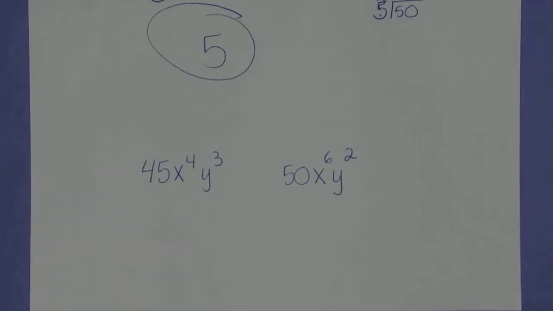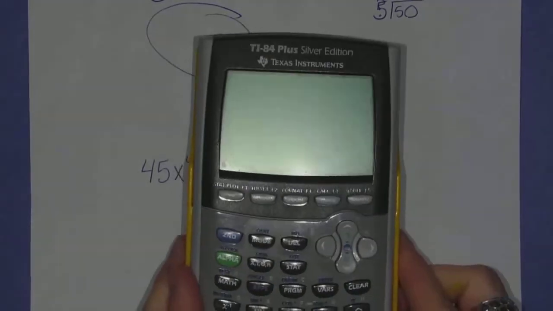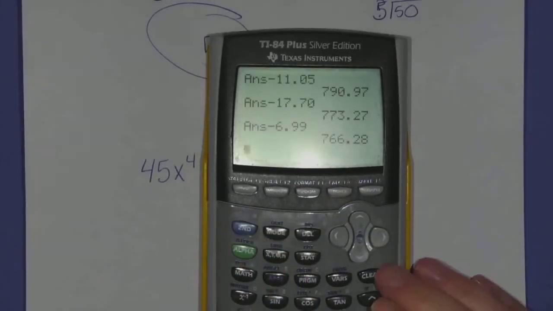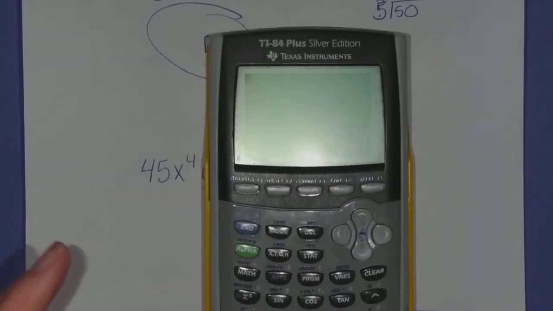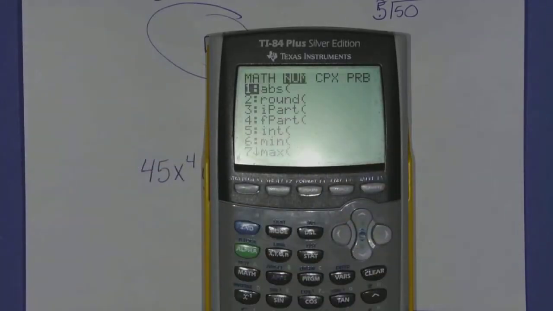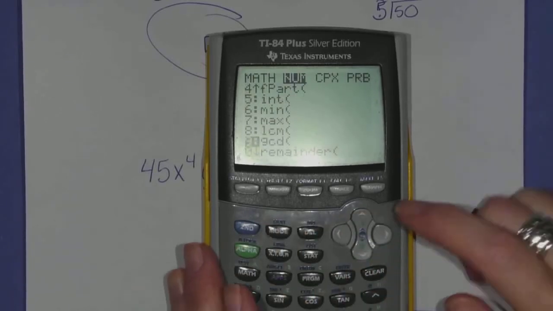Now, just a side note, and I did this on the LCM video as well, there is a way in your TI-84 to find a greatest common factor. So if you remember from the last video, if you press the math key, which is right here underneath alpha, so math, arrow over to num, and come on down here, not to number 8, that's LCM, but to number 9.